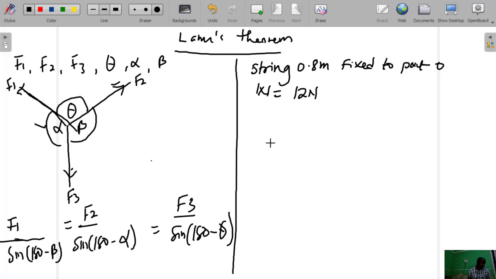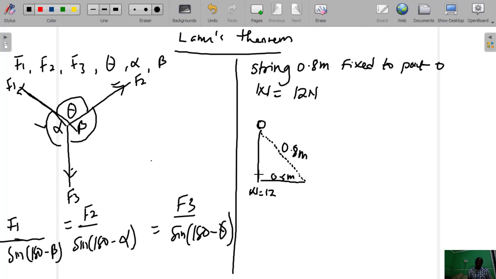So let's illustrate this. We have the point O, then the particle with weight 12 Newton here, and this particle is pulled. When you pull it, the particle will move until it is 0.5 meters away, and the string itself is 0.8 meters.